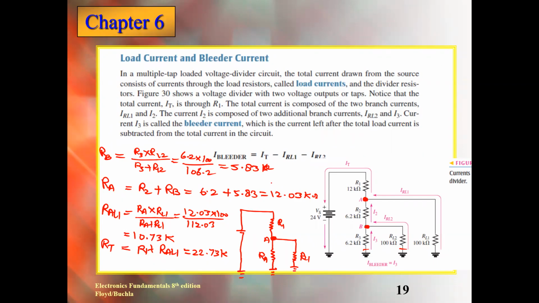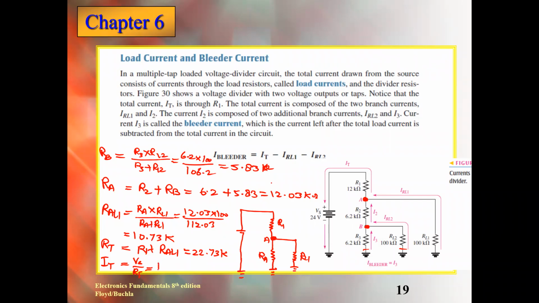Next we can calculate I total, IT, equals VS over RT. Calculate how much it is coming. VS, you know, is 24 already. How much is it coming? 1.05.